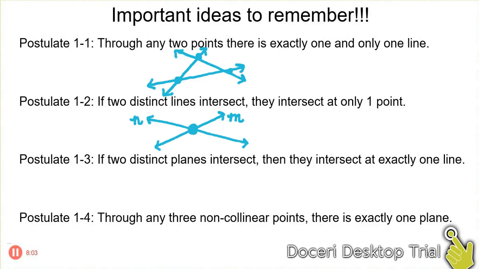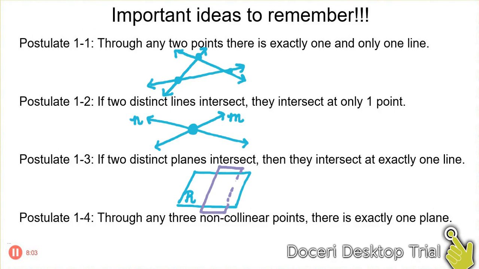Postulate 1-3 says, though, that if 2 distinct planes intersect, they actually intersect at a line. So if I have plane, and we're going to name this plane R, a capital script letter R, and then I'm going to choose a different color here. We're going to use purple. And then I have plane, let's say S. This one's a little harder to show.